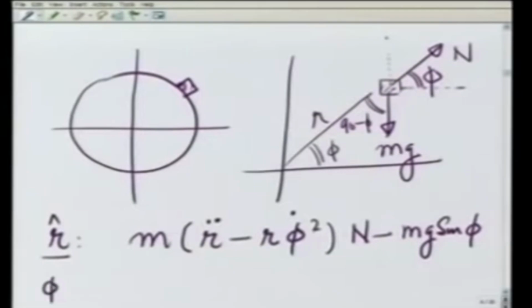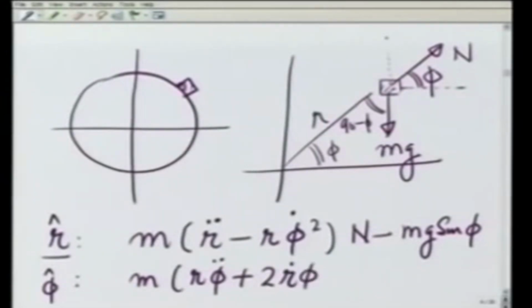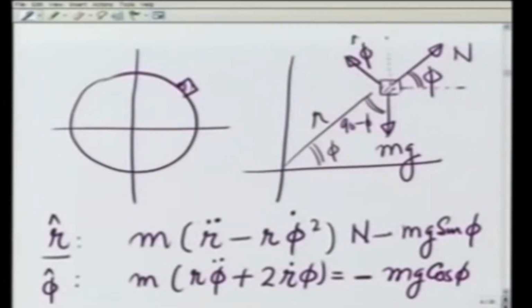Similarly, in the phi direction, the equation of motion is going to be m times r phi double dot plus 2 r dot phi dot equals mg cosine phi, but with a minus sign because the force is acting in the negative phi direction. Remember that phi is increasing this way and the component of mg is in this direction.